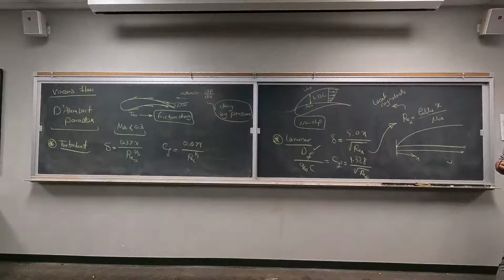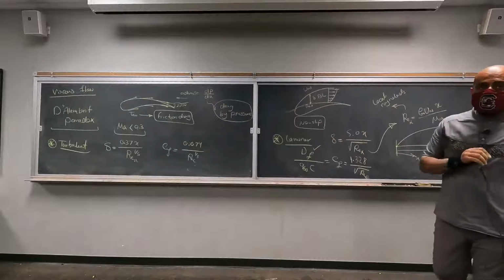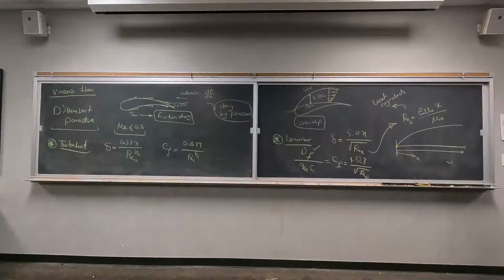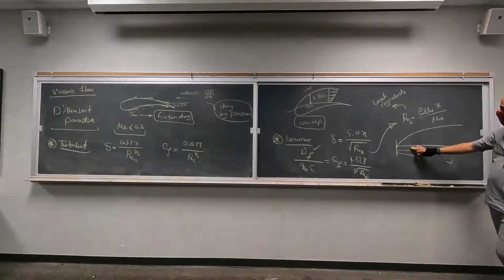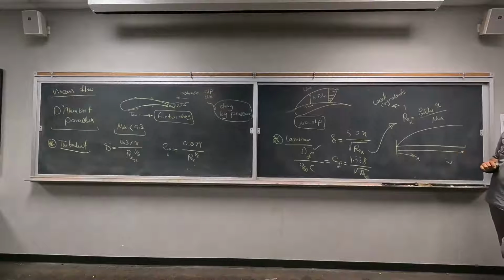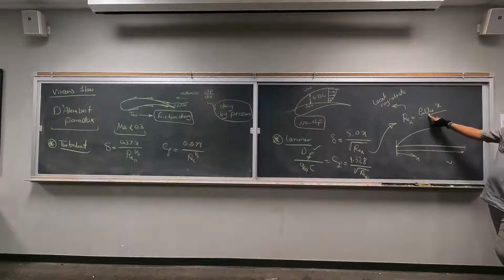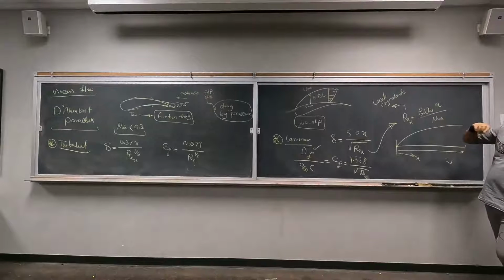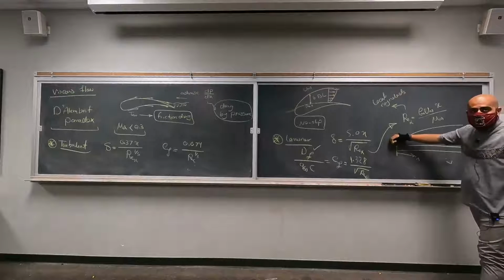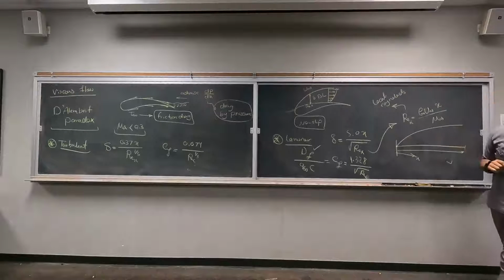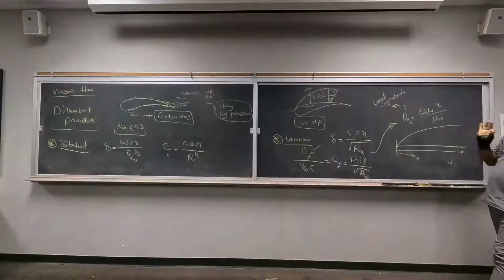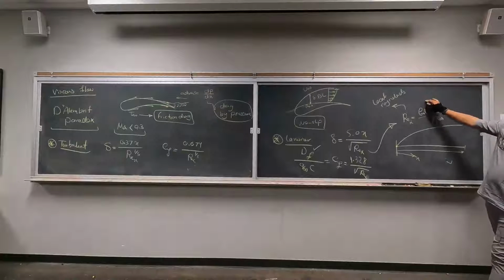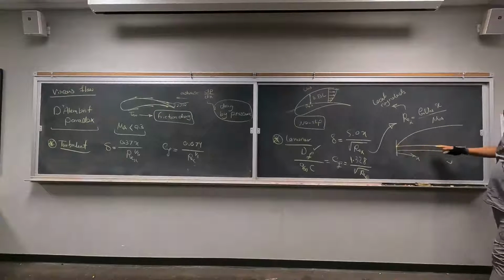Well, one thing that is worth noting here is that our Reynolds number increases as we move along the plate, right? Not only does it depend on U infinity, rho infinity, so if you have a high enough U infinity, you can actually have a turbulent flow from the get-go. That's the idea. We'll talk about it. But let's say your U infinity is small, but your plate is long enough.